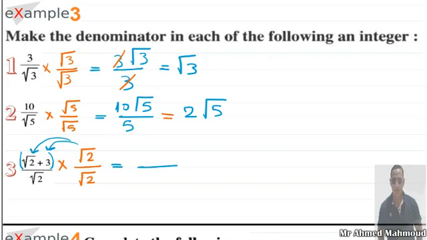Then root 2 times root 2 equals 2, plus 3 times root 2 equals 3 square root 2. Root 2 times root 2 equals 2. Here I don't have any number that can be cancelled with the 2, because we have a plus sign, so I will leave this without change like this. Okay, the next example.